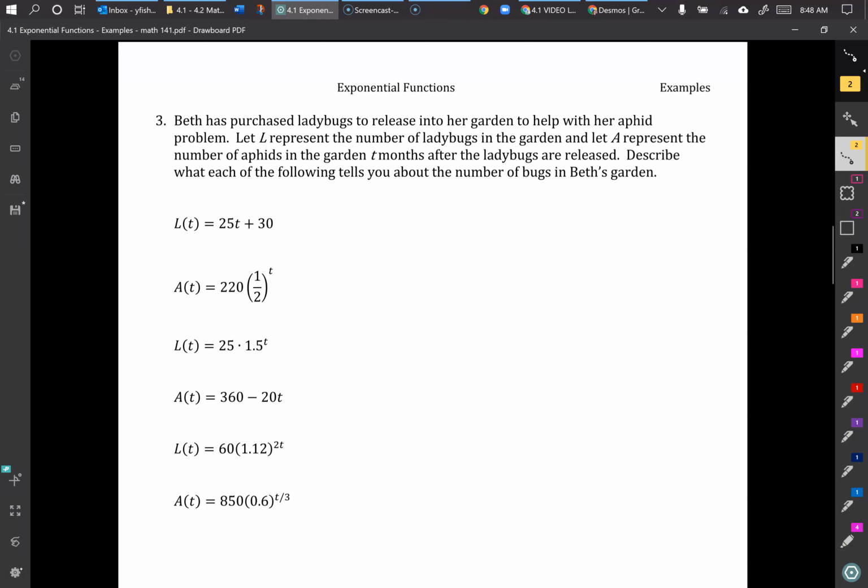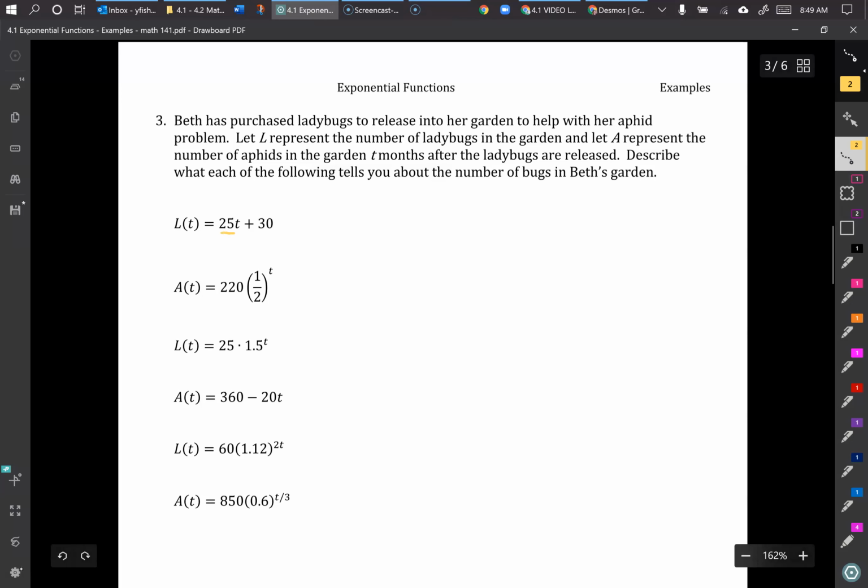So I'm going to talk it out with you first, and then you can pause and see if you can figure some out on your own too. But first of all, looking at these two here, L is the number of ladybugs, right? And we have 25t plus 30. So the clue is the form is y equals mx plus b form.